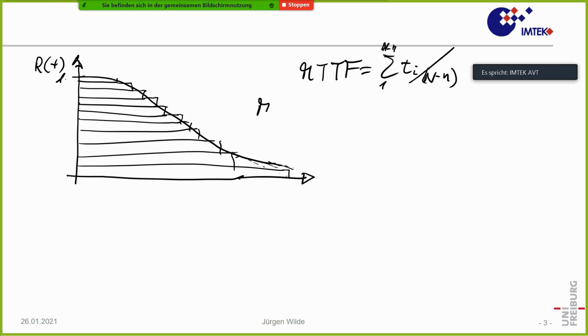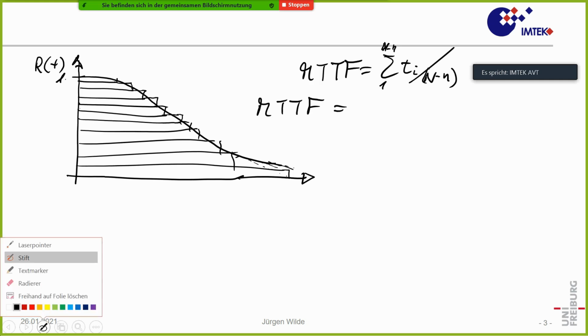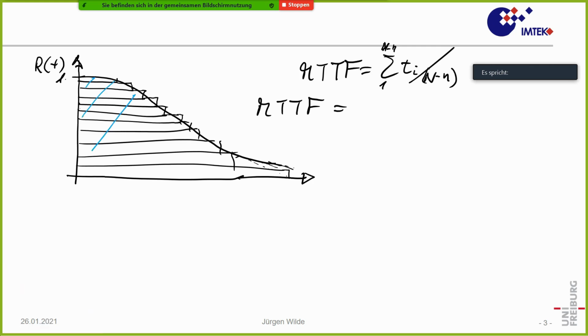So in fact, we can say we take the area and we divide it by the half width between 0 and 1, and here we get the mean time to failure where the blue line is.